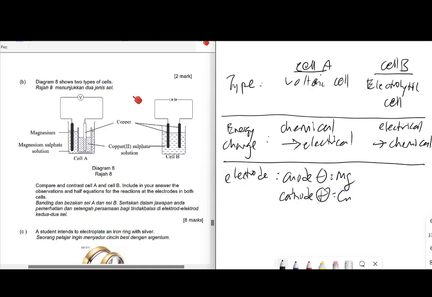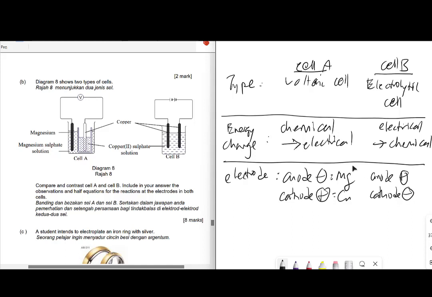Now we move on to your cell B. For cell B, as you can see, both are copper. So both the anode and cathode are made from copper. You can just say your anode and your cathode are both copper. Be careful with the sign. The anode here is not negative. The anode here is actually positive, while the cathode here is negative.